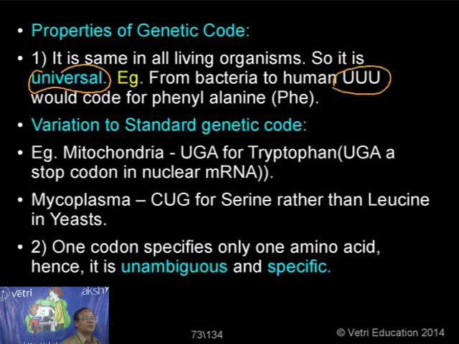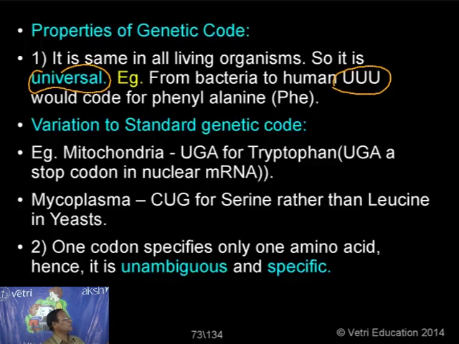There's no change. There are some exceptions, but in nearly 99.9%, we have the same codon for a particular amino acid, for example UUU for phenylalanine, from bacteria up to man.